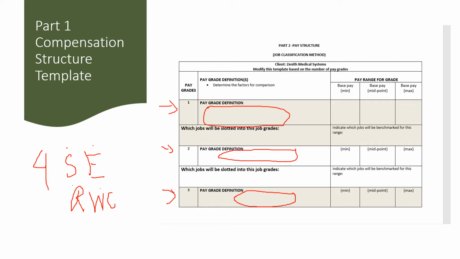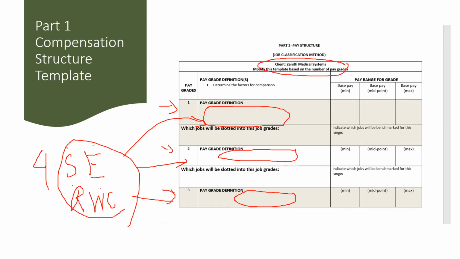Those are your 4 compensable factors. So your definitions need to all represent 4 compensable factors, but you need to further define them beyond just the general term skill, effort, responsibility, and working conditions. Remember, this is a web-based company.